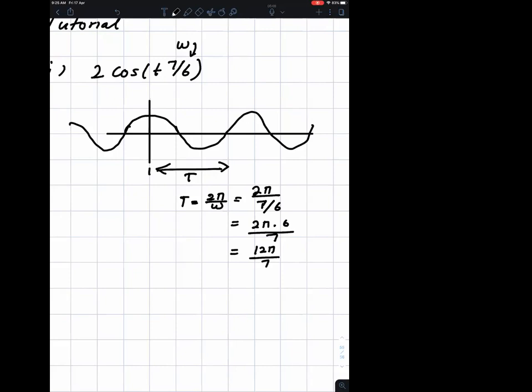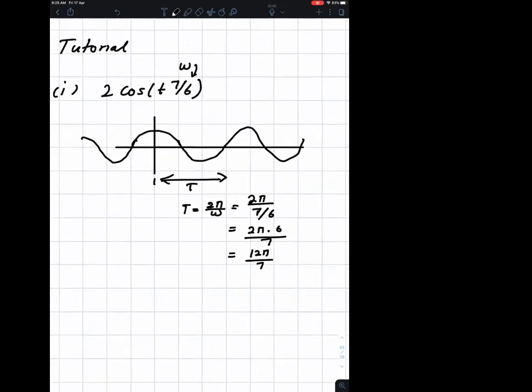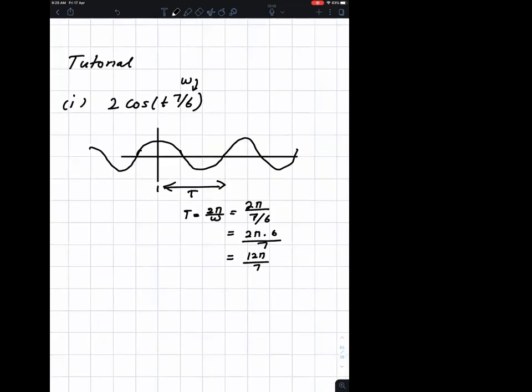There's only one signal here, and it's sinusoidal. Therefore, it must have one frequency. If there's a frequency, there should be a period. Is that clear? The moment you see this, you should know it's periodic.